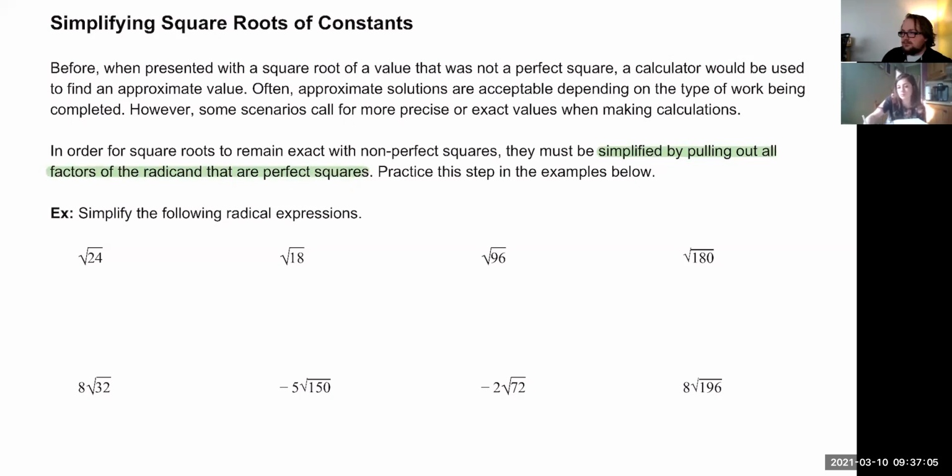Now, we've looked for factors in the past; we needed to know factors for our asterisk method. Today, we're still looking for factors, but we're looking for special factors, in particular, factors that are also themselves perfect squares. So the best way to see this in action is by doing.